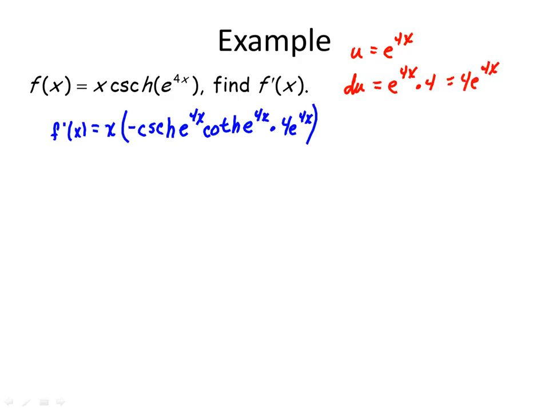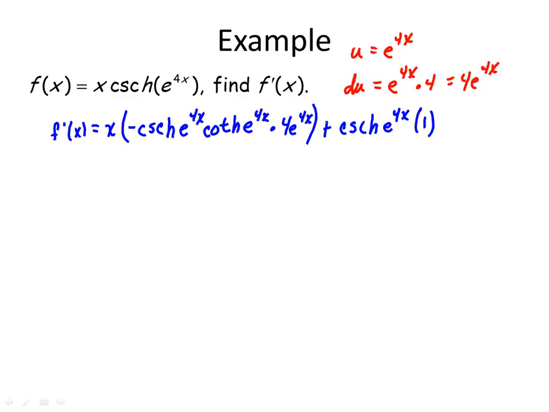Okay, so you got first times the derivative of second plus the second, and the derivative of x is just 1.